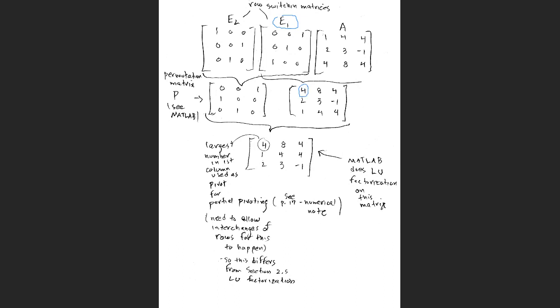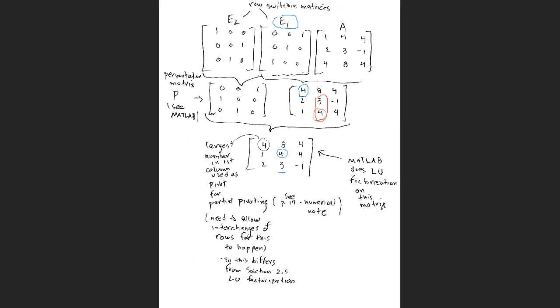But now we look at the second column. To get the matrix in echelon form, we're not worried about the 8. But of the 3 and the 4 in the second column, the 4 is the largest number. So we want that number brought into the second row so we can use it as a pivot to get a 0 where that 3 is.